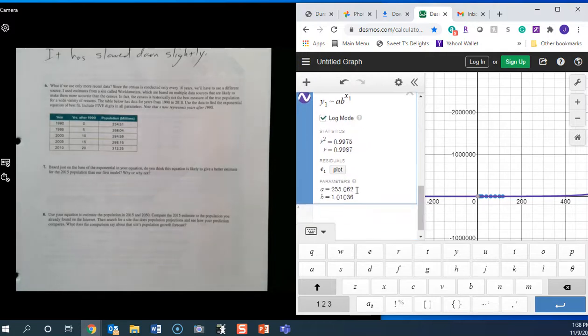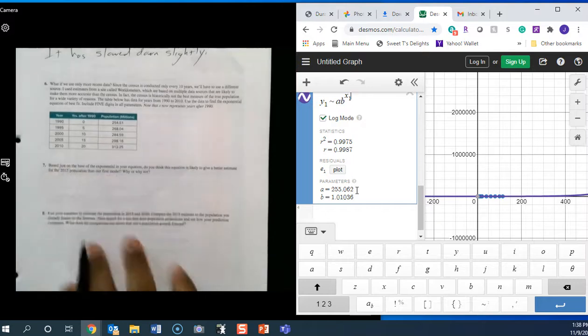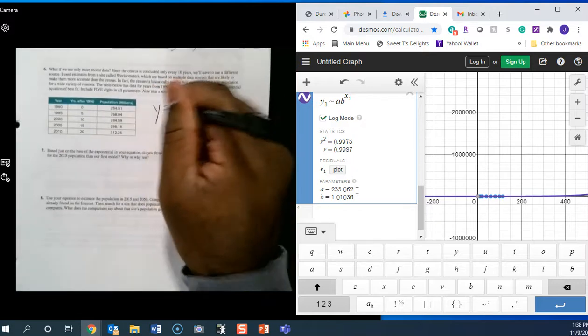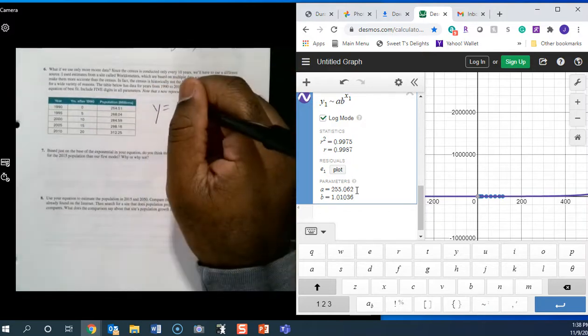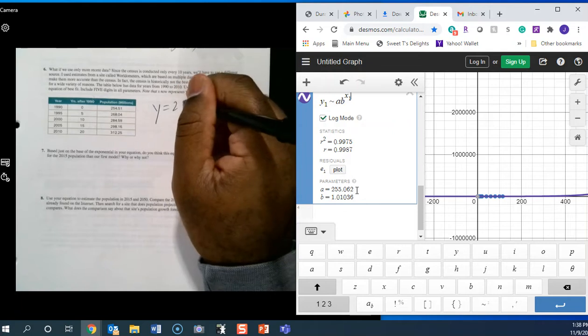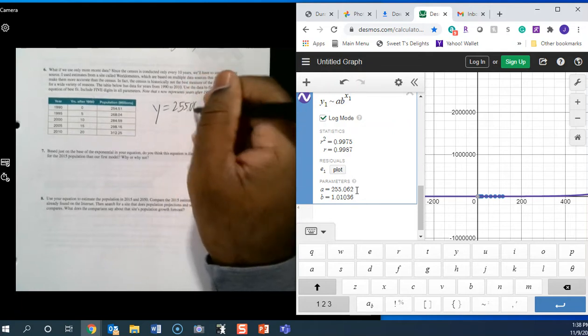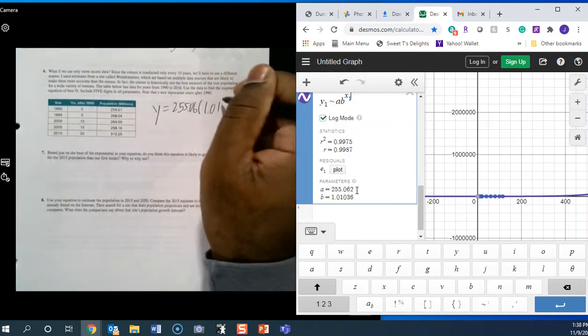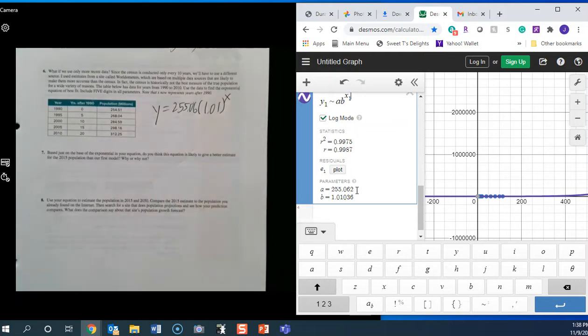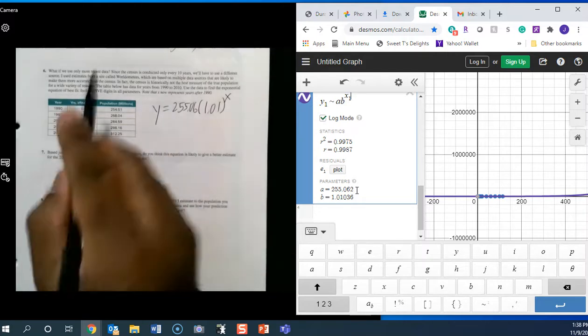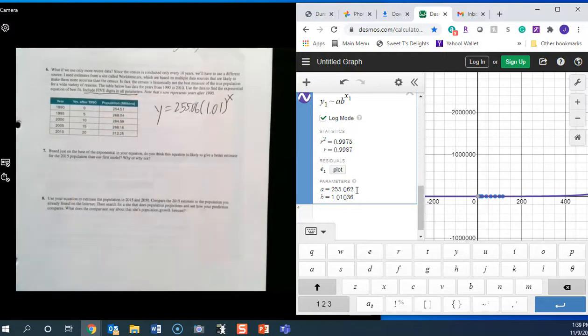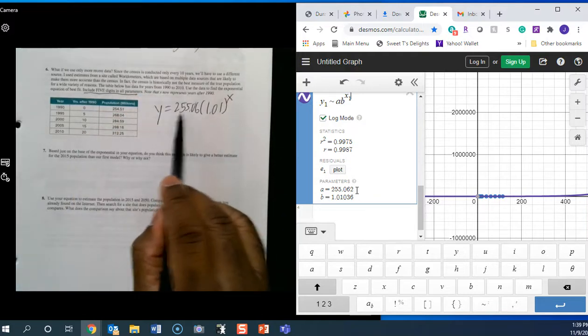So now we have our equation, which would be y is equal to, and we're going to round to 2 decimal places, 255.06 times 1.01 to the x power. That will be our equation. Okay, now it says here to include 5 digits in all parameters. So this was 5 digits.